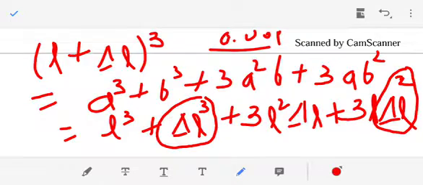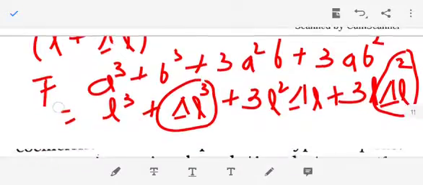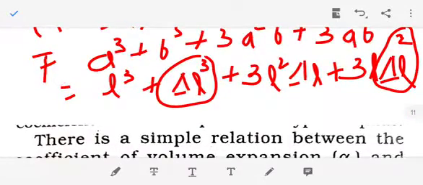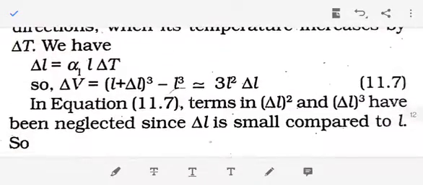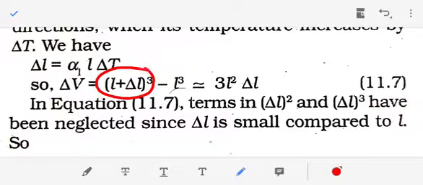So delta L cube will be very small, and delta L square will also be a very small quantity, so we can neglect these values. If delta L cube and delta L square are neglected, what will be the remaining value? L cube plus 3L square delta L. Correct?